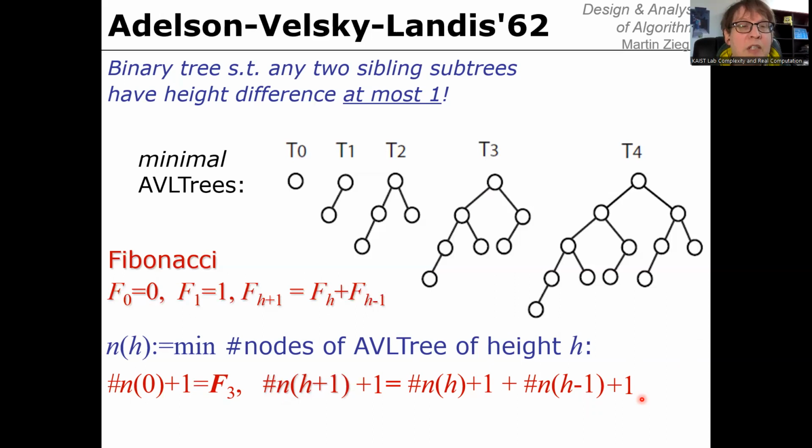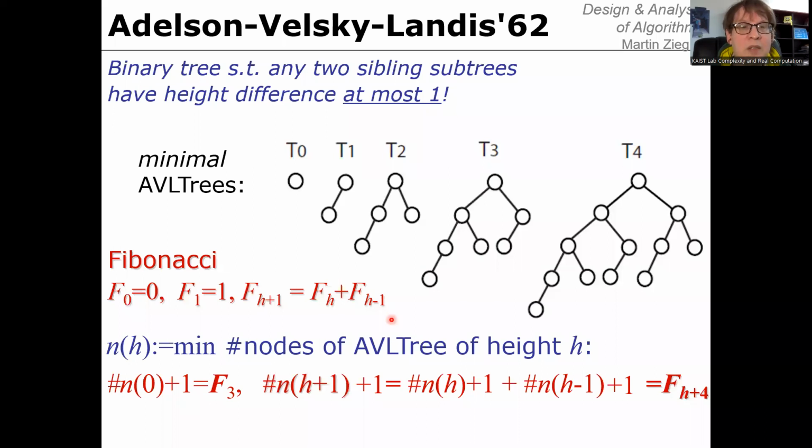Only not for the Fibonacci number, but for the Fibonacci number plus 1, because here we always have a plus 1. We have a different induction start than for Fibonacci numbers, but this means that this is equal to F(h+3), right? So they satisfy the same inductive recurrence.